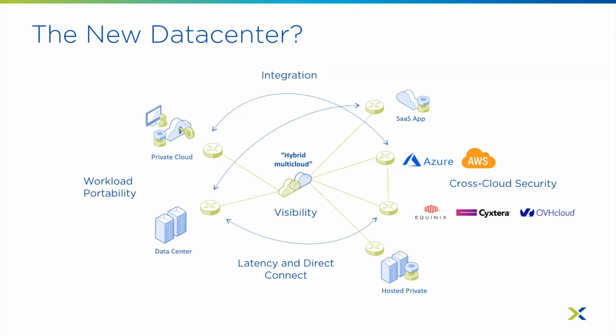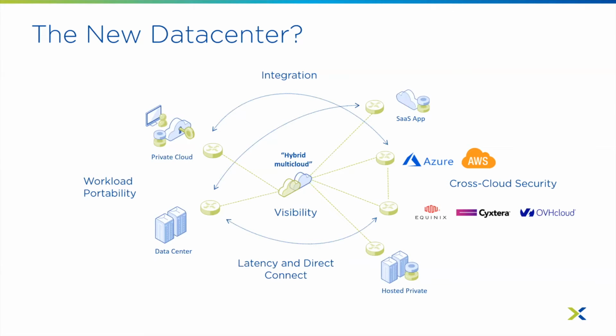So that hybrid multi-cloud data center is basically that new data center, leveraging things like Azure, AWS, and then looking at some of our managed service partners for bare metal as a service, things like Equinix, Xterra, and OVH Cloud as well. Think about things like latency can be introduced, how we're going to connect up, direct connect, VPN, express routes, going through different points of presence or POPs.